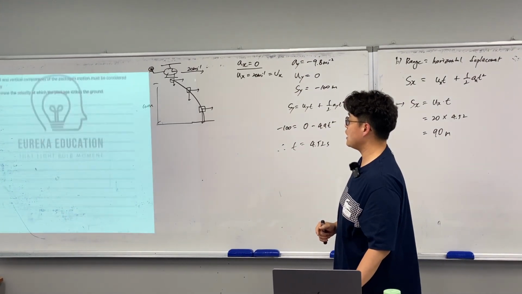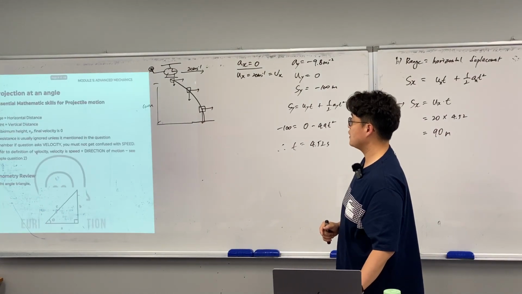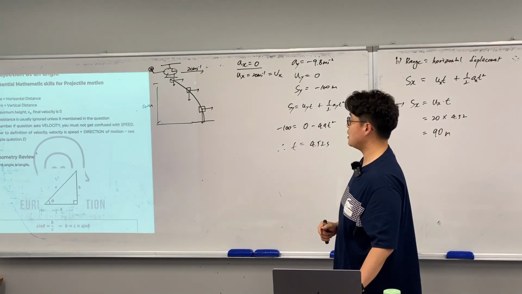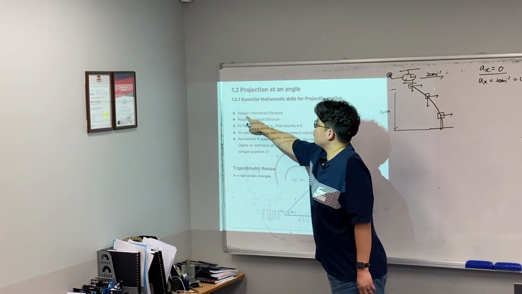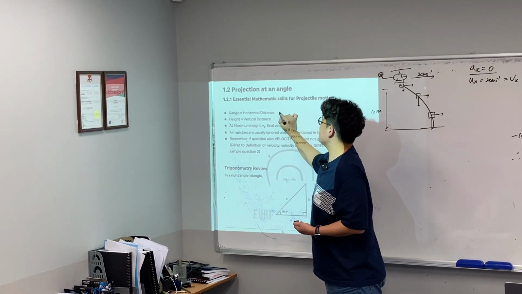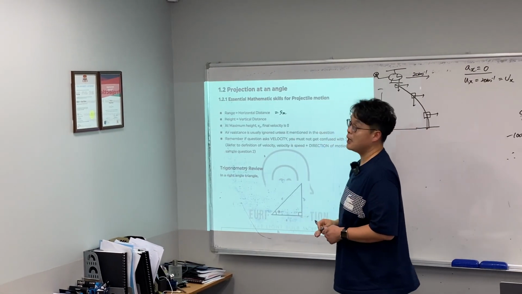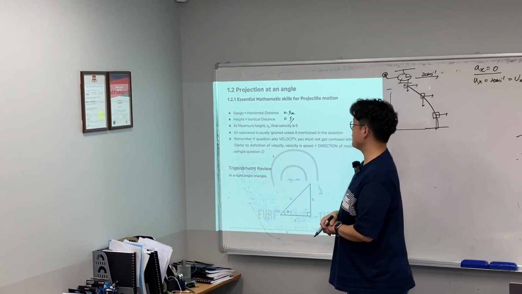To understand that, we have to learn some terms. Let's move on to page 7. It gives the essential mathematical skills. As I said, range is the horizontal distance or displacement; write this down as s_x, please. Height is the vertical distance, also known as s_y.